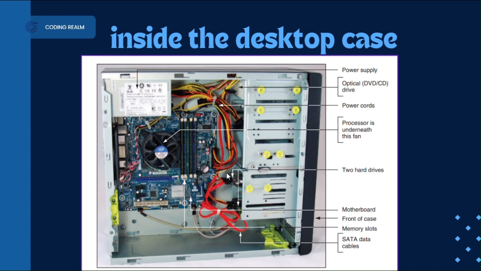And we have two hard drives and the motherboard, the front of the case, the memory. These are the memory slots, and the SATA data cable. This is the SATA data cable in red. This is what we have inside the desktop case.